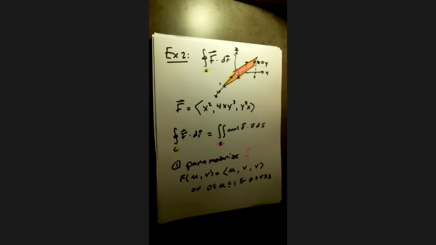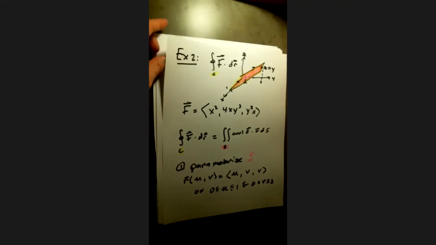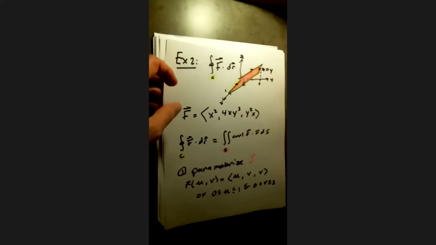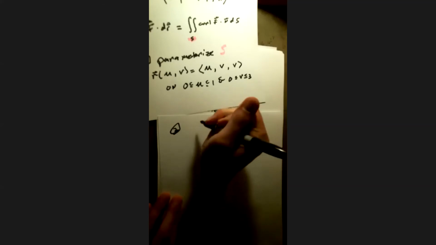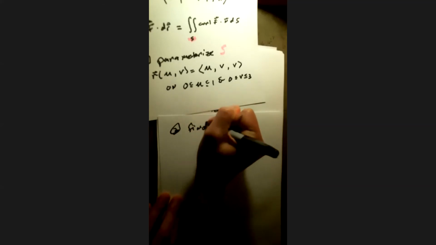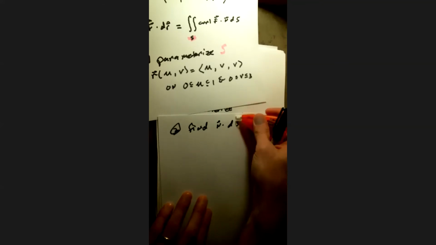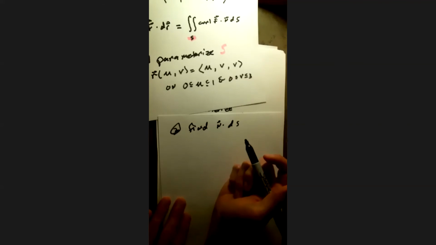What's the next step? Find the curl of F. Before we do that, we're trying to stick to a very consistent process. Find our r_u cross r_v, exactly. So step 2 is going to be find n dot dS, which basically amounts to finding r_u cross r_v.